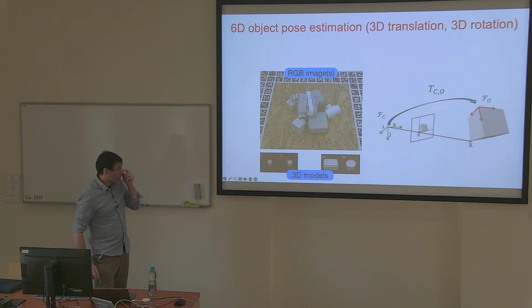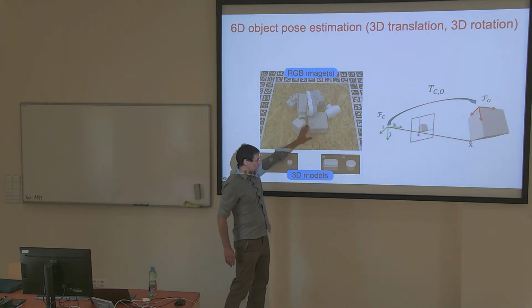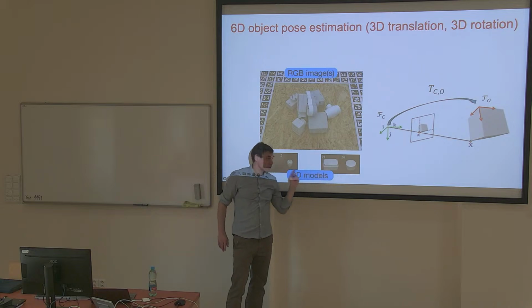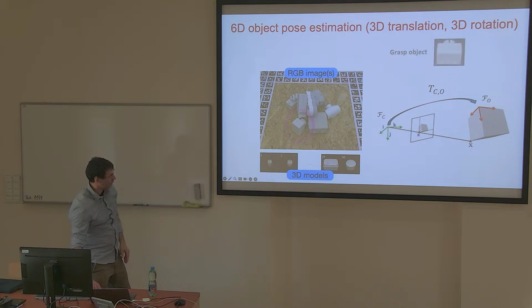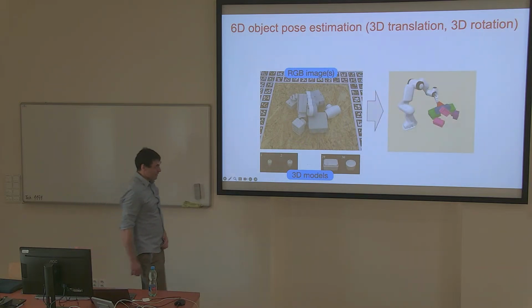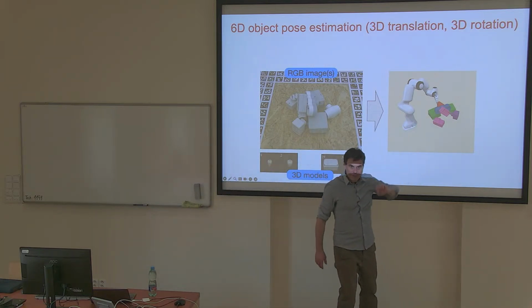Why is it useful? Because I have an image like this with a set of objects. I know their CAD models, so 3D models, and I know the dimensions of these objects. I'm observing them with a camera, so I can recognize the object and estimate the relative pose. But if I have a robot, the robot needs to be calibrated with respect to the environment.